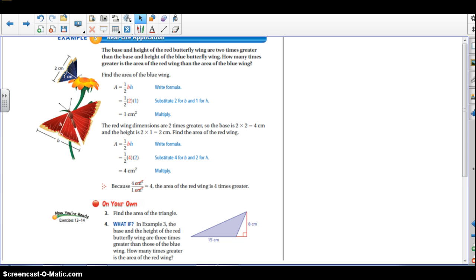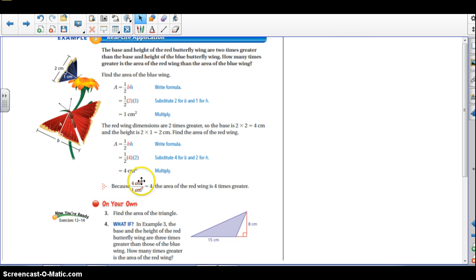It's not 4 centimeters greater. Look back into your problem, and it says how many times greater. So because 4 divided by 1 is 4, the area of the red wing is 4 times greater. So watch the wording you use.